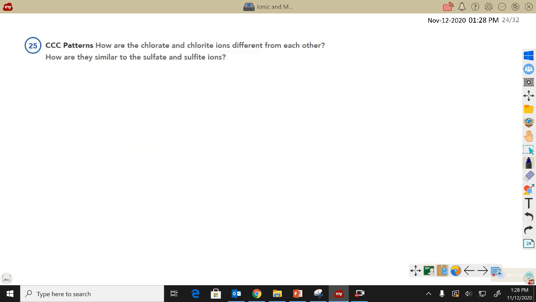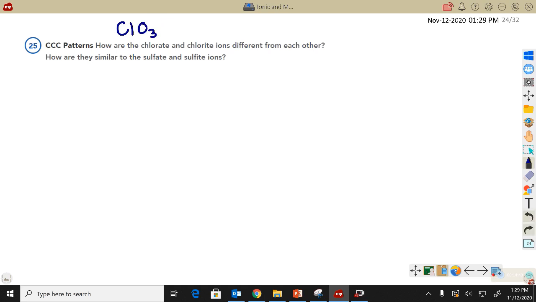And so in number 25 here, it says, how are the chlorate and chlorite ions different from each other? How are they similar to sulfate and sulfite? And so if I look them up on that chart, chlorate is ClO3 -1 or 1-. I'll write 1-.